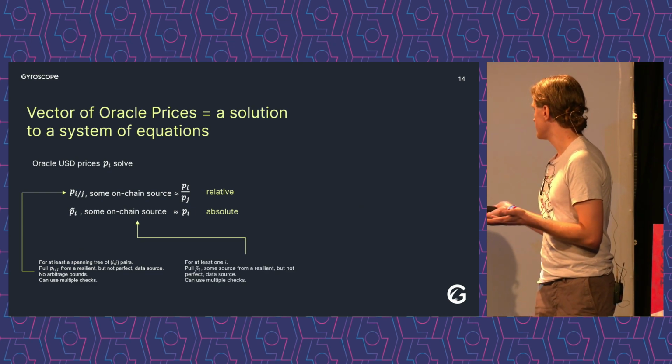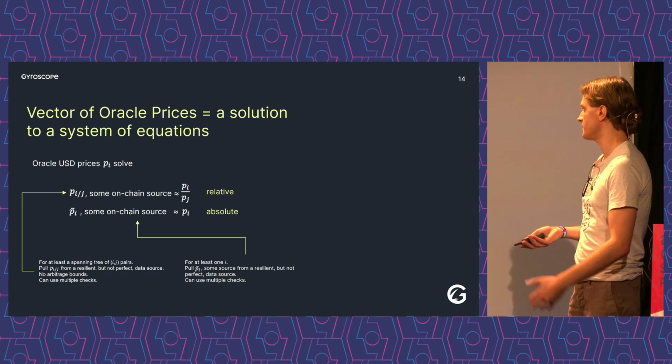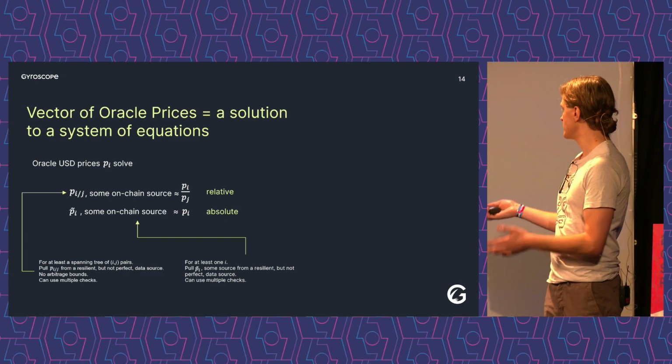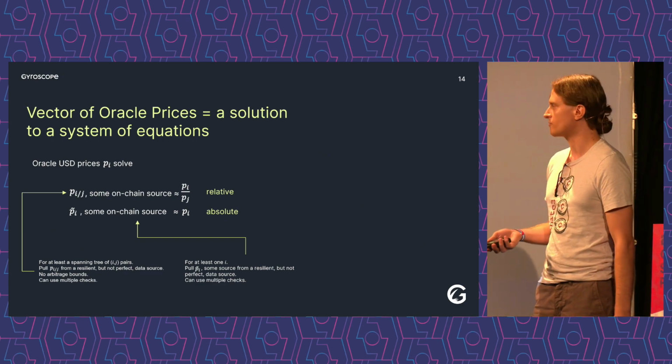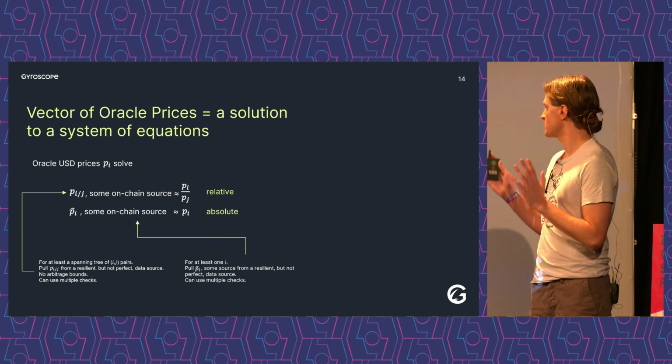For this, we need at least one other data source to check against, ideally many more. This doesn't have to be a perfect data source, but it needs to be some sort of reliable signal overall.